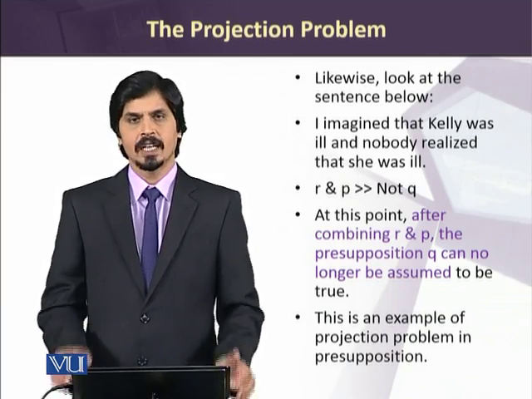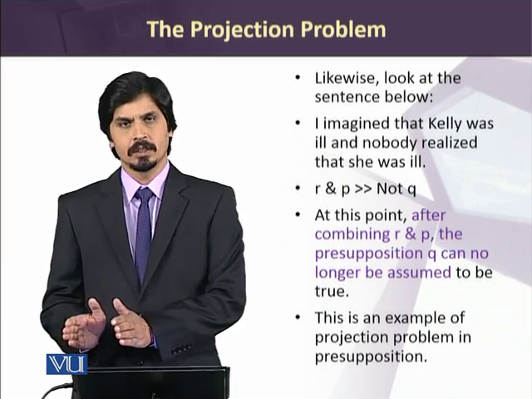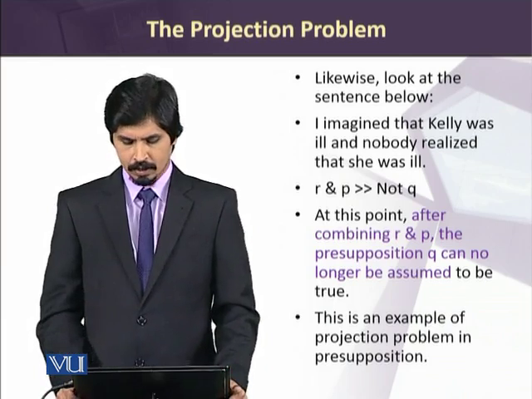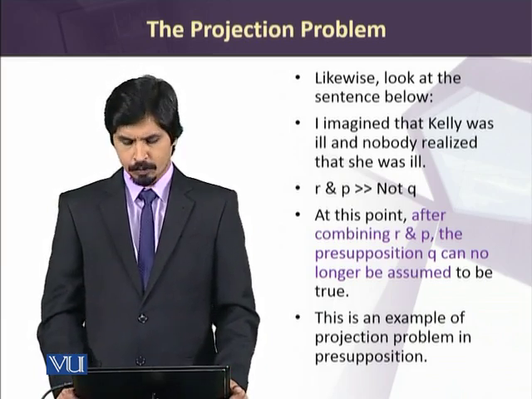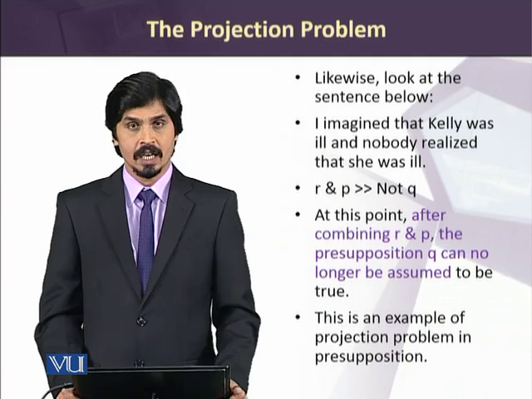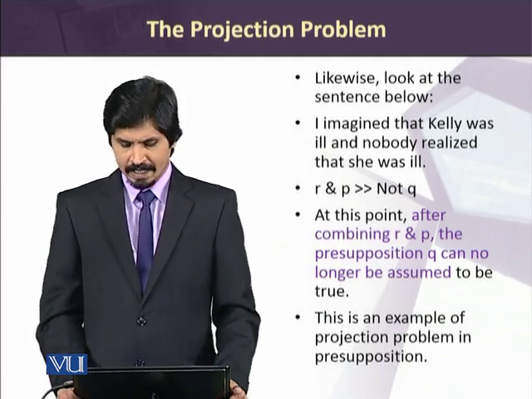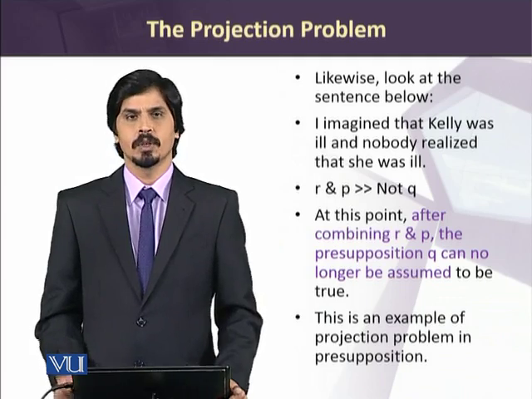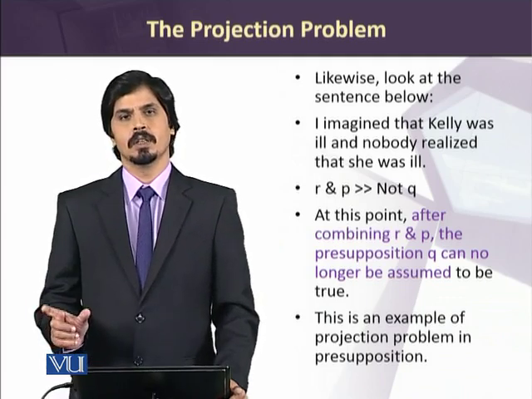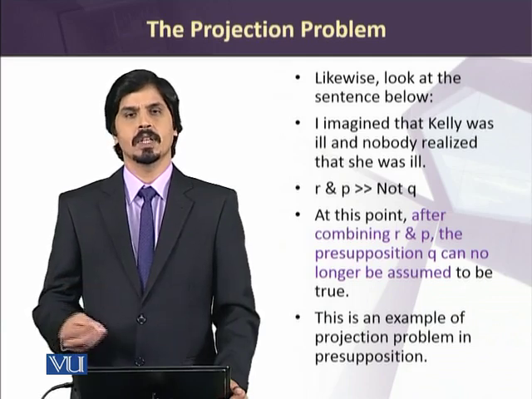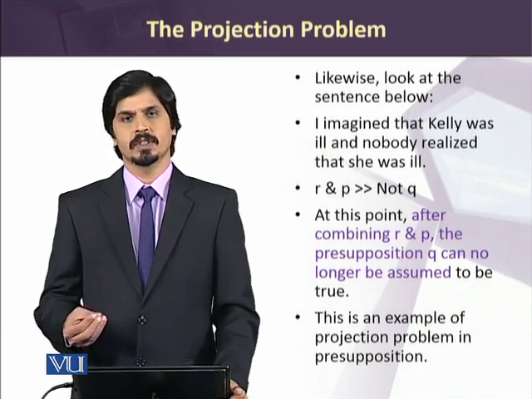That means R and P presuppose not Q. After combining R and P, the presupposition Q can no longer be assumed, which was assumed as a result of the first sentence.